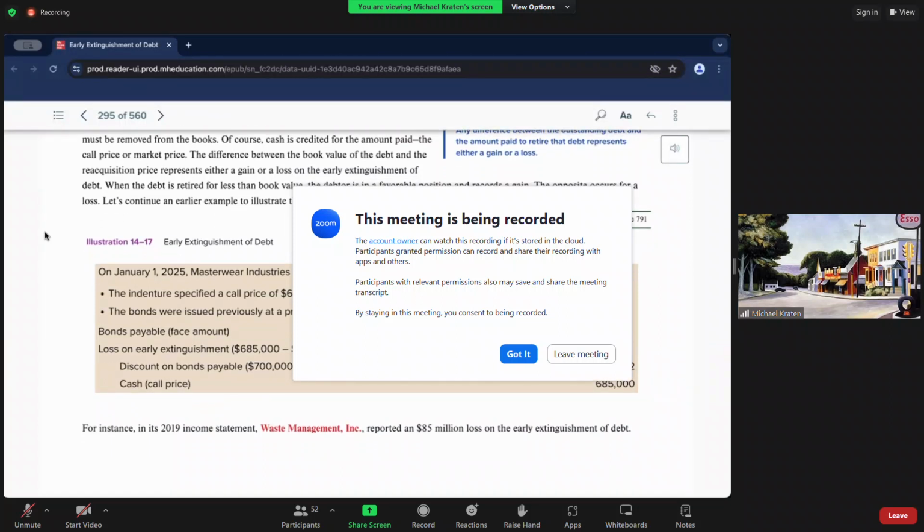I am going to begin my review of illustrations 14-17, 14-18, and 14-19. For the most part, there isn't anything truly new about these three illustrations.